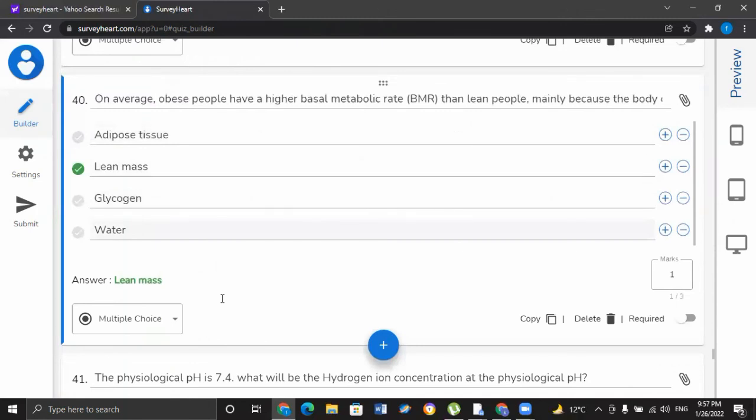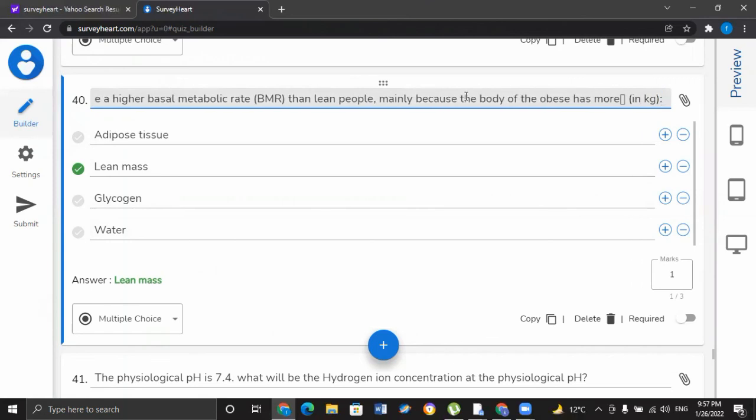And average obese people have higher basal metabolic rate, BMR ज्यादा होता है, ठीक है, then lean people. तो वो कहते हैं कि आपके पास जो असल में मेनली बिकॉज ऑफ द बॉडी मास के ऊपर जिनका जो BMR है वो किसके ऊपर डिपेंड करता है. So BMR of obese people actually does not depend upon adipose tissue, does not depend upon glycogen and water.